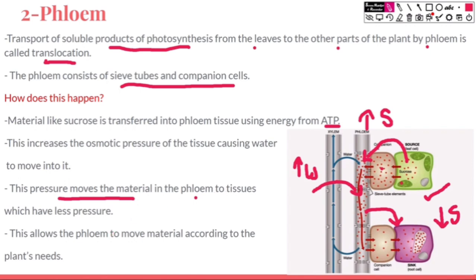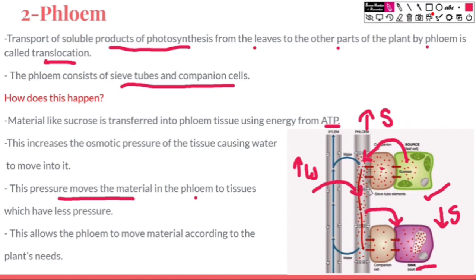Firstly, with the help of ATP, sucrose is transported from leaf to phloem. Now there is an osmotic pressure or osmotic gradient. So water rushes into the phloem because water moves from high concentration to low concentration area. Now sucrose also moves and it goes from high concentration of sucrose, that is in the phloem, to low concentration of sucrose, that is in the tissue cells.